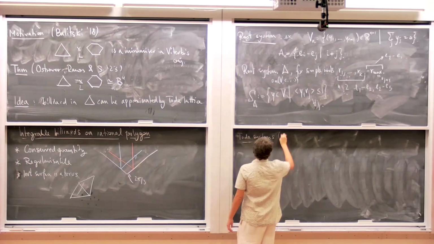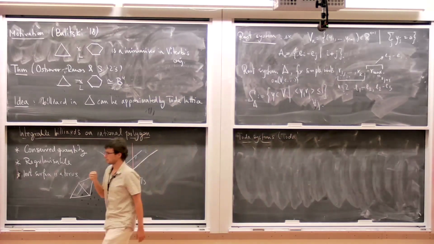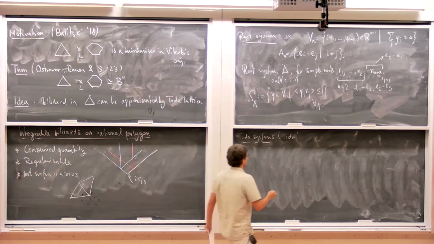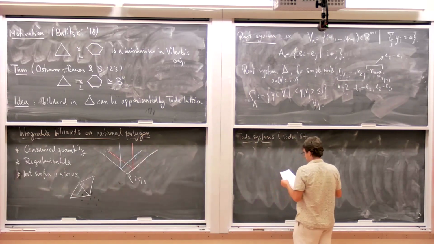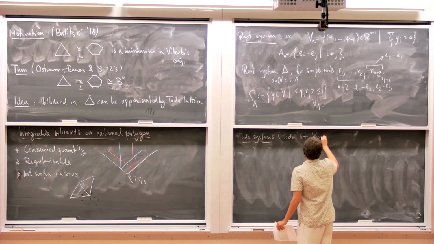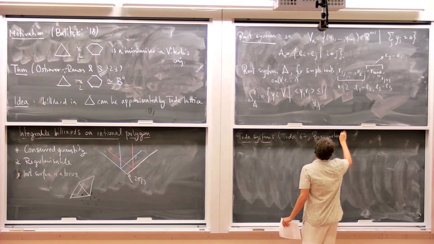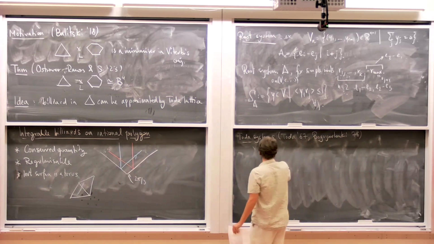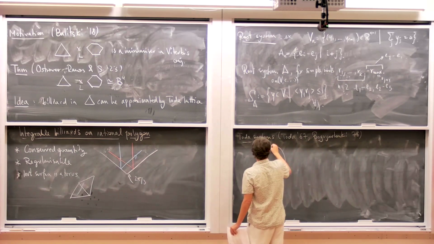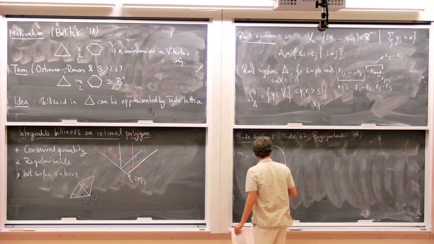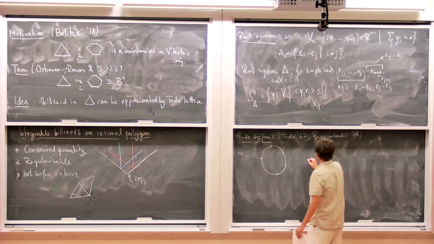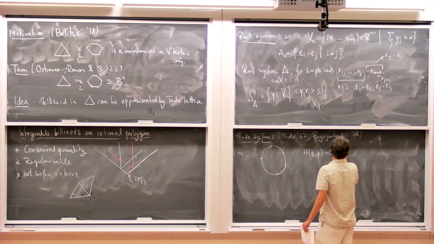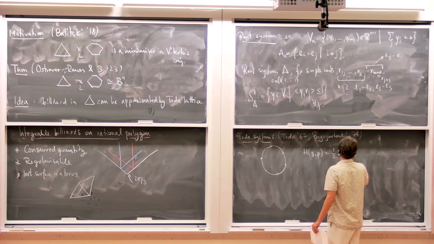Let me just put some names up. Toda defined them in 67, and then my mathematical grandfather, Bogoyavlensky, generalized them in 76. What's the idea? You have a circle and you have n particles, and you want to study the dynamics.